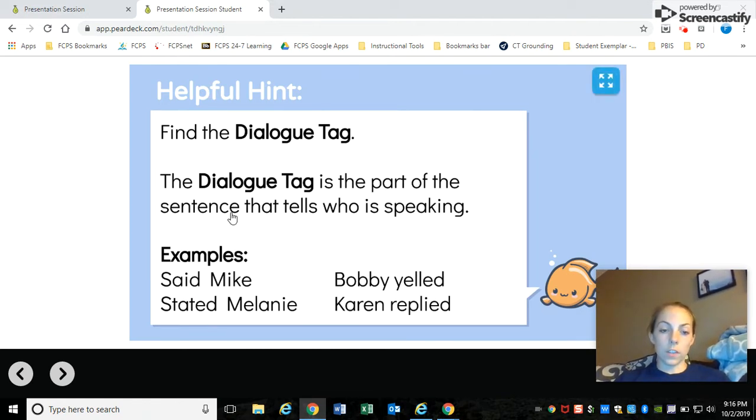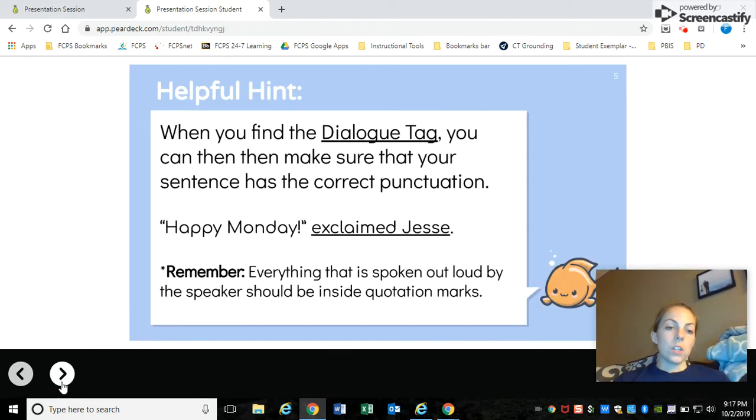So look for these types of clues. We call it the dialogue tag, because that will help you find which parts of the sentence are actually dialogue, or that conversation. So remember, anything spoken out loud should be inside quotation marks.